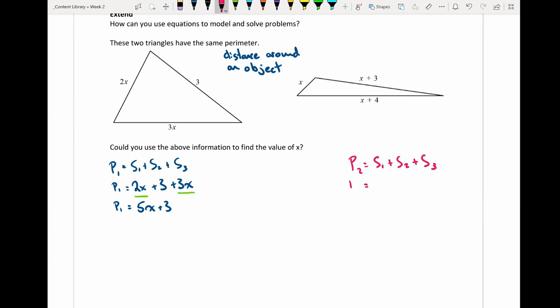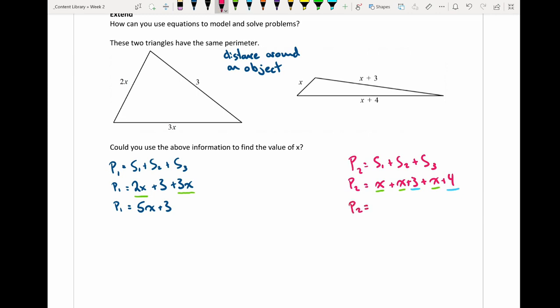My second triangle, same idea. I'm going to add up my sides. So side 1 is x plus 3. Because it's addition, I don't need to put brackets around it. And then plus x plus 4. Here I have a few more like terms: my x's, and I also have just my constants.